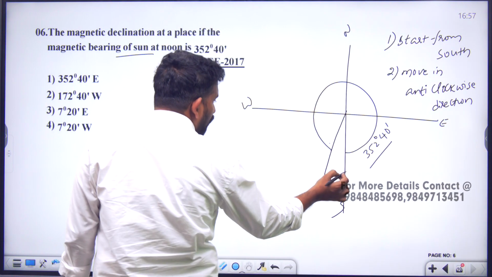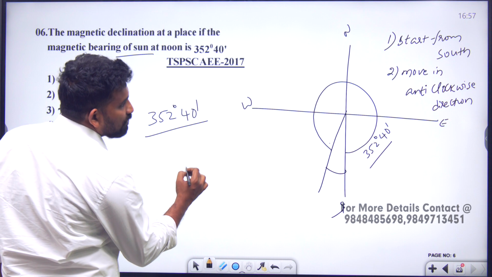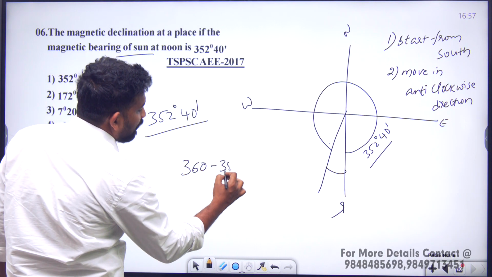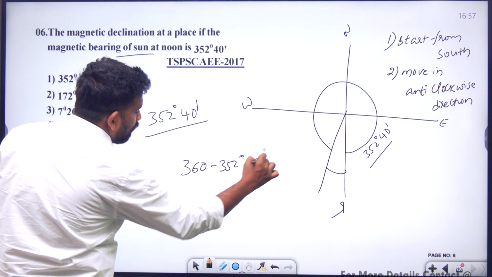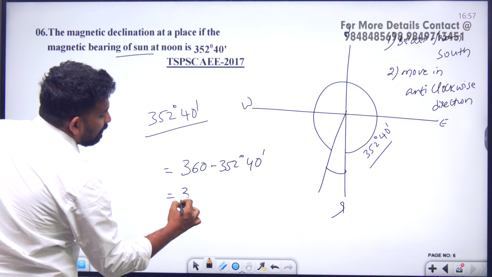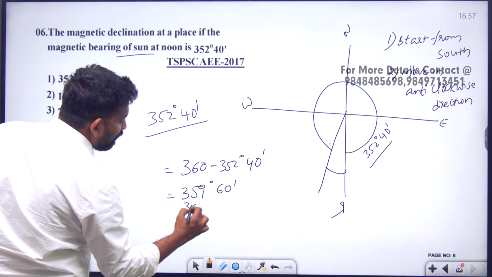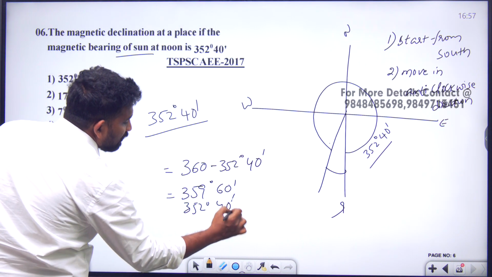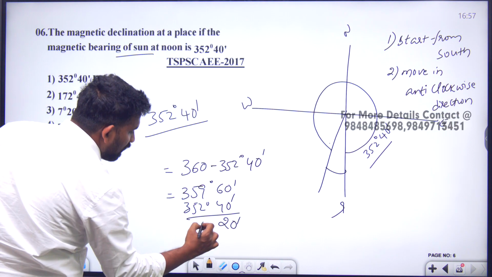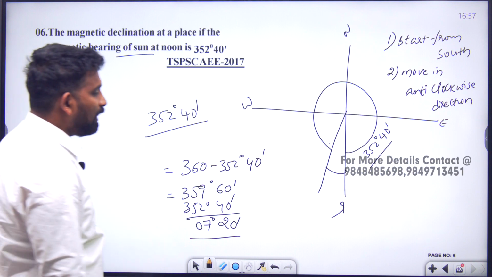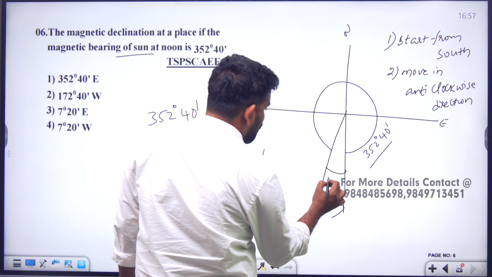Now what is the remaining angle? This remaining angle is 360 minus 352 degrees 40 minutes. I will write it as 359 degrees 60 minutes minus 352 degrees 40 minutes. The value comes out to be 20 minutes here, 7 degrees, and 0, nothing but 7 degrees 20 minutes.